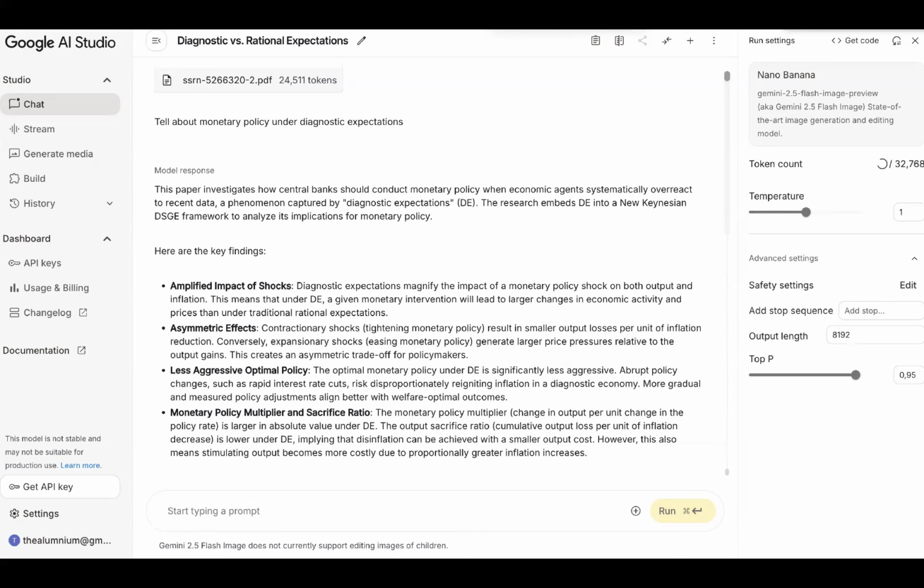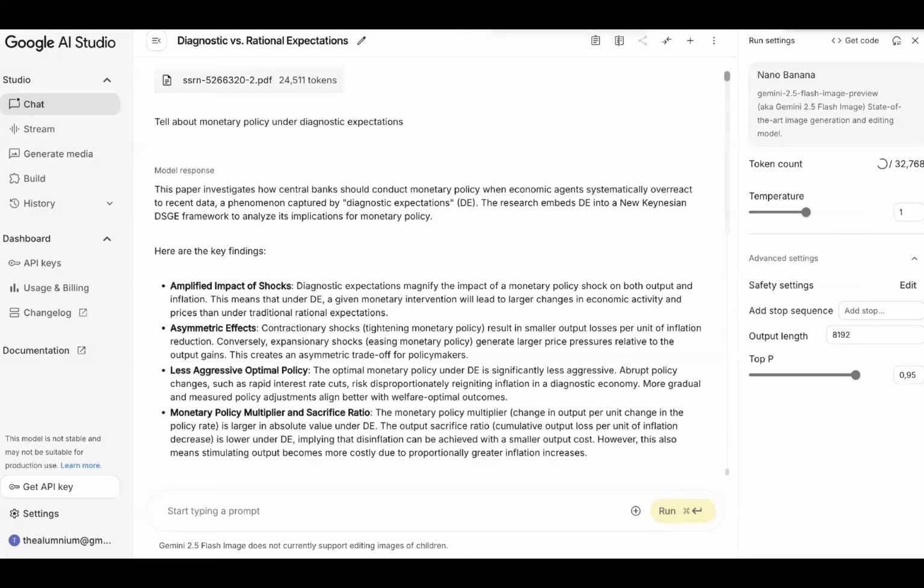Here, what you can see is an example that we implemented, I think today or yesterday, and it's completely free, I think. What was uploaded is my own paper. You can see that the PDF is uploaded, and you can see the size of this paper, like 24 and a half thousand tokens inside.